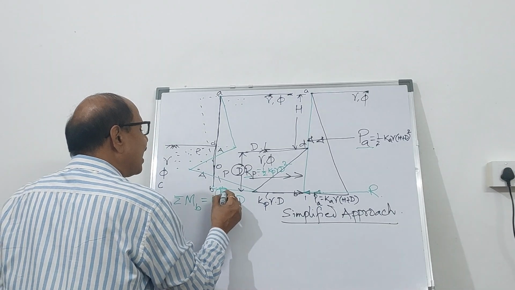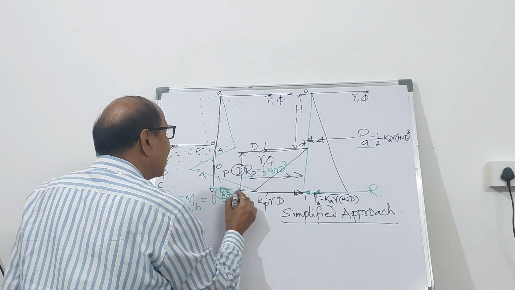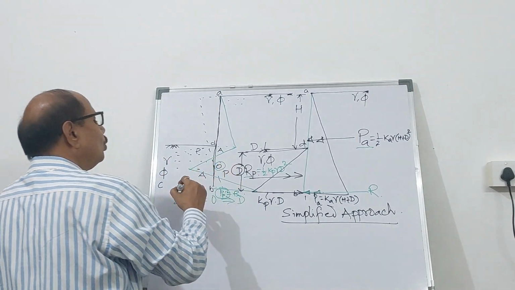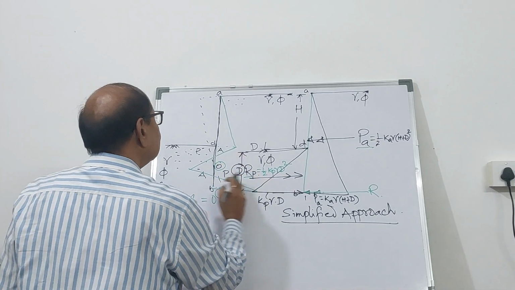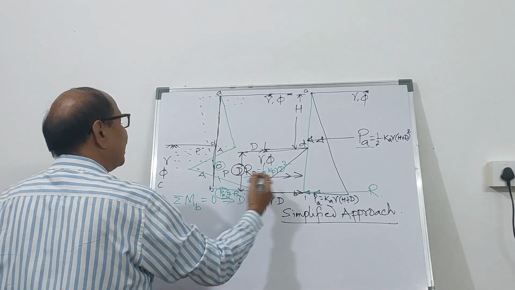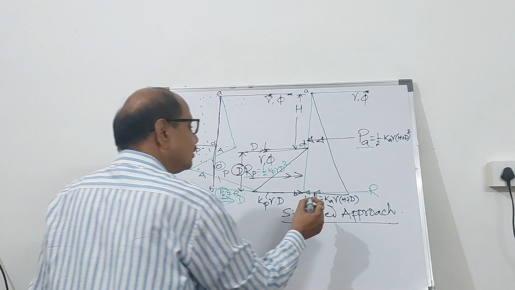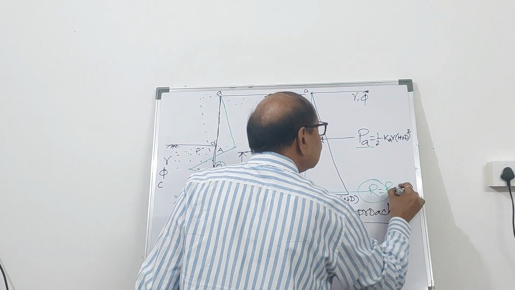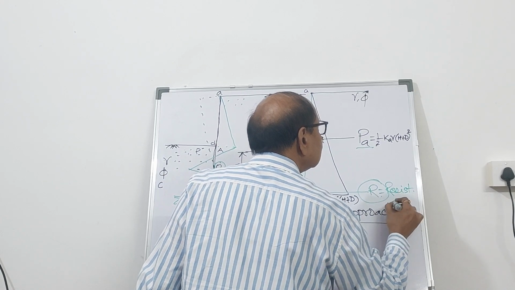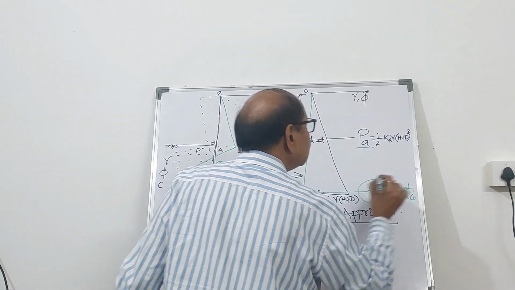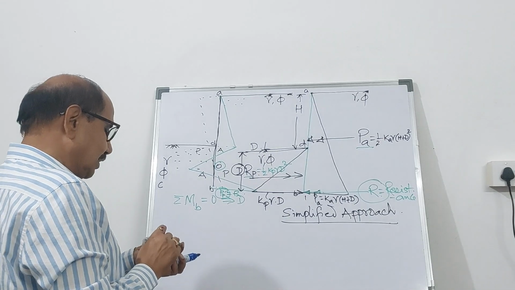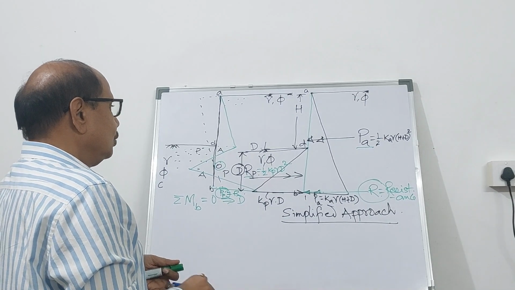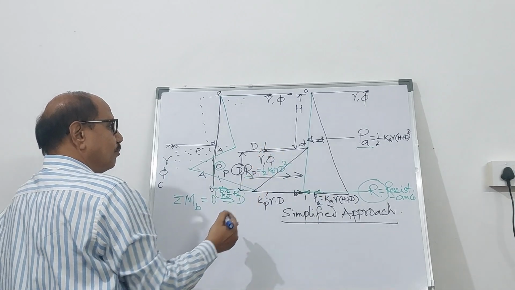So this Pp prime equals R. Because about point O, it is going to deflect, creating a passive force, and that passive force is converted into a resistance R, which is acting at B, the bottommost point. So this is called the simplified approach.